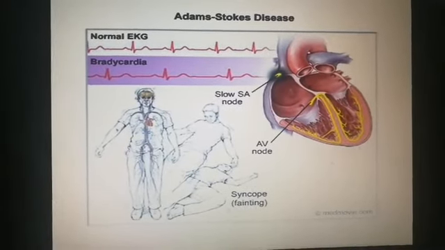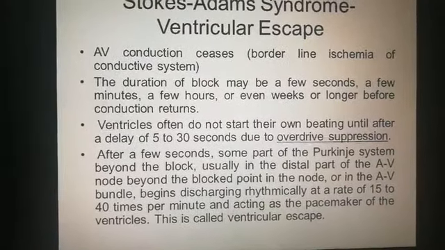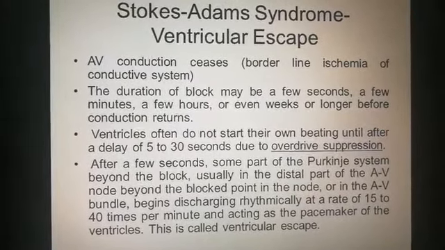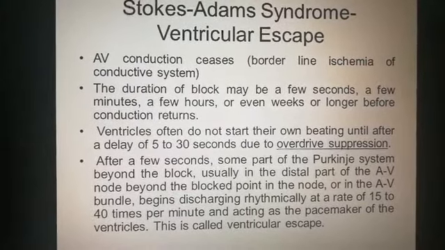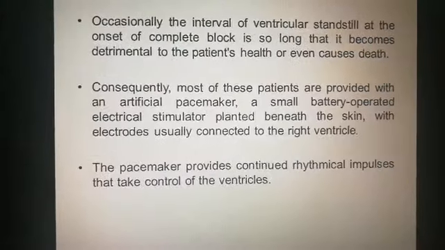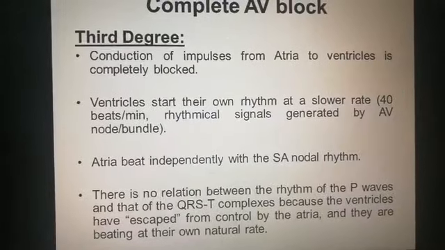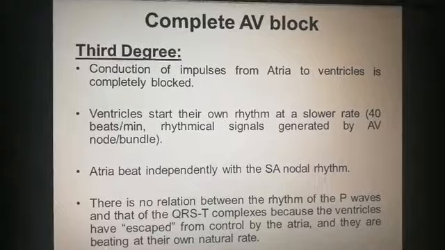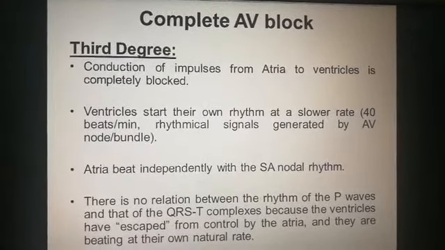So there are 2 main points in Stokes-Adams syndrome. One is overdrive suppression, and the other is ventricular escape. So focus on these. In complete AV block, you can see here there is no connection.